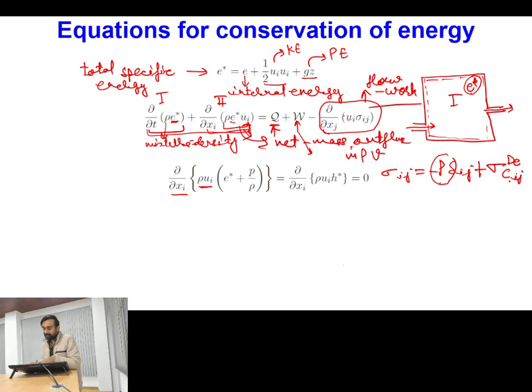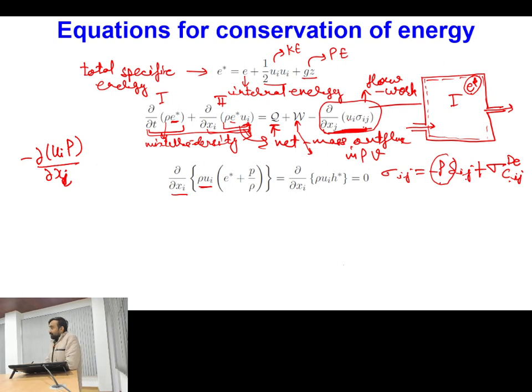Then one term I will be getting in this particular right hand side, after the substitution of sigma, as minus del ui into P divided by del xi. This will become del xi only after we do substitution of P into delta ij.